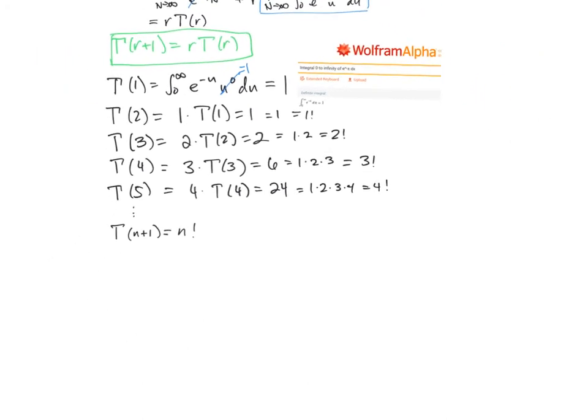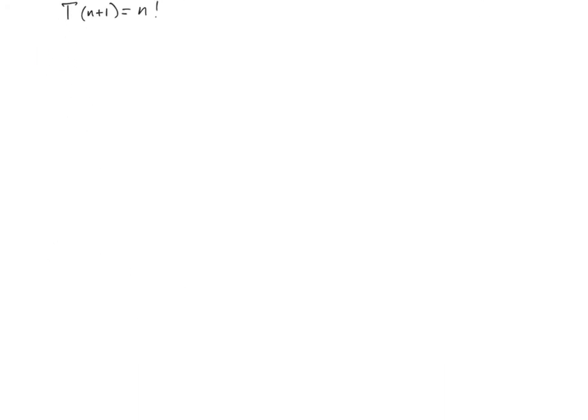So now the last thing we're going to do is, the whole point of introducing this function is that we're interested in figuring out a formula for the Laplace transform of t to the r, where r is not necessarily an integer or a natural number. It's a function of s.